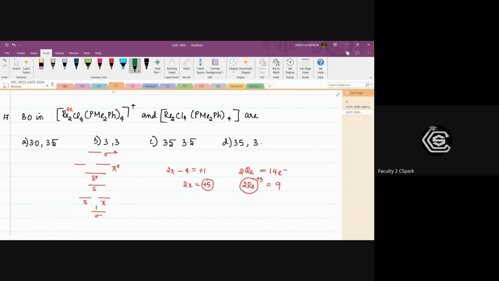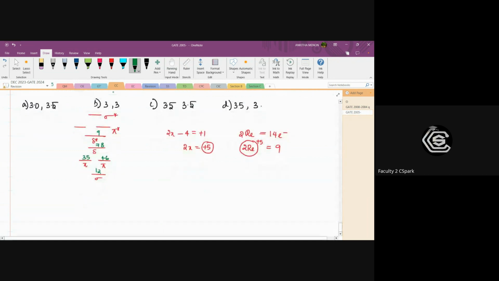How do you fill that? 1, 2, 3, 4, 5, 6, 7, 8, 9. And how do you find the bond order? It is the number of bonding, 8, minus antibonding, 1, divided by 2, which is 3.5. So it is 3.5 for the first one.